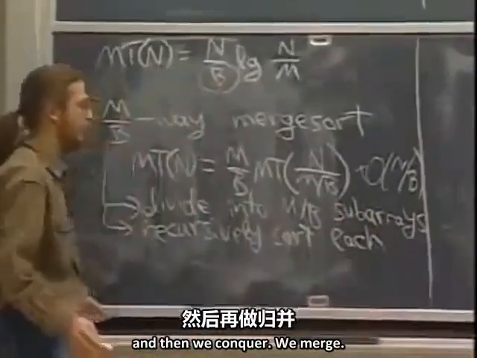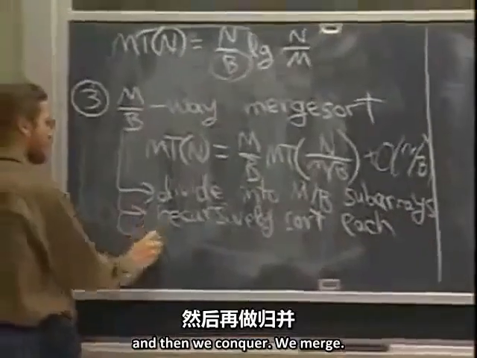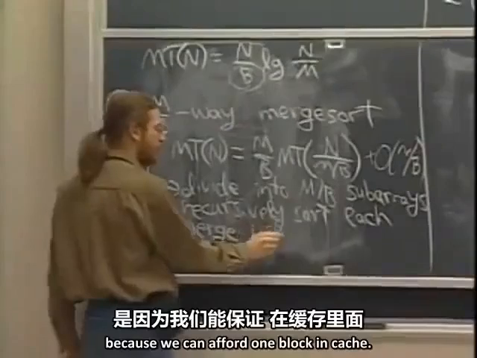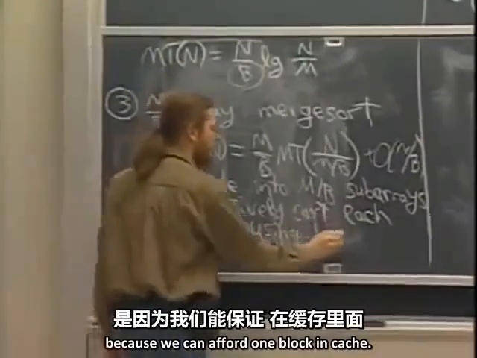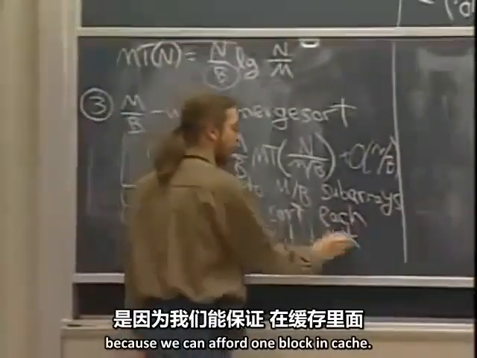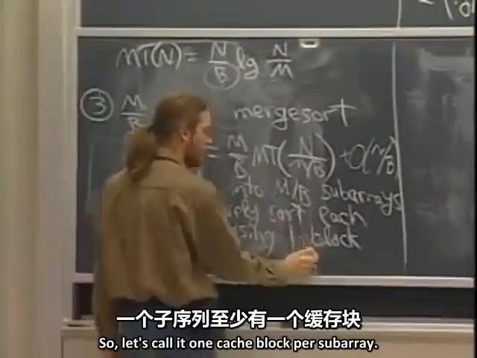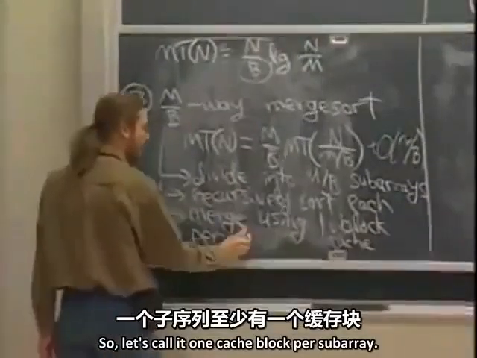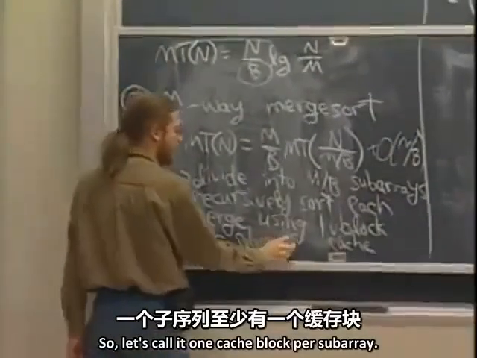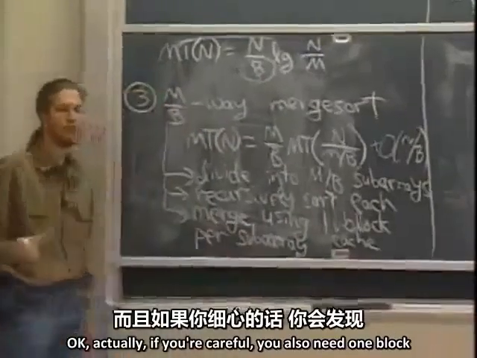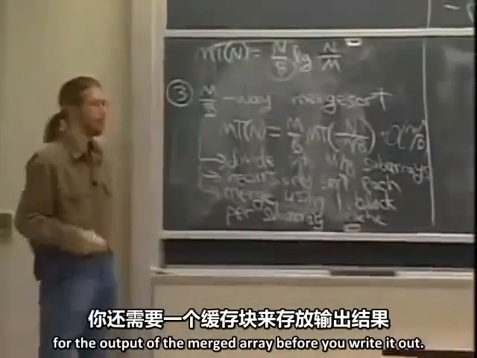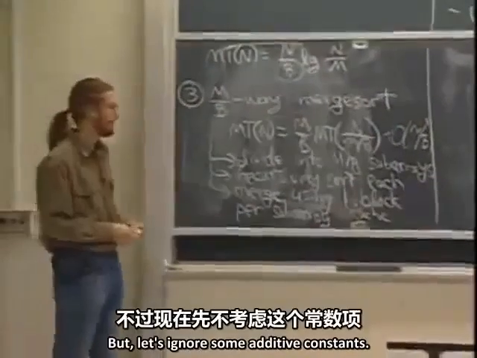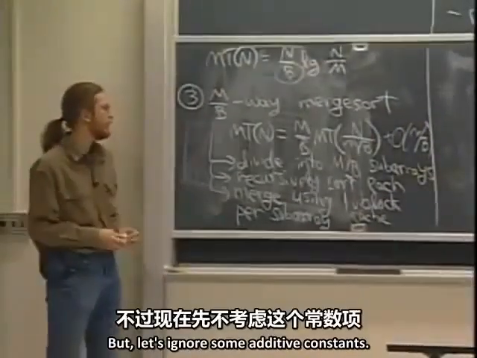And then we conquer, we merge. And the reason merge works is because we can afford one block in cache, so let's call it one cache block per subarray. Actually, if you're careful, you also need one block for the output of the merged array before you write it out. So it should be M over B minus 1. But let's ignore some additive constants.